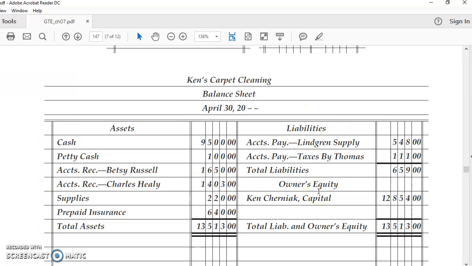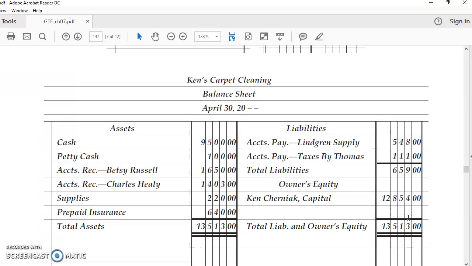In a balance sheet, you want to show the accounting equation and how it equals. Assets equal liabilities plus owner's equity, and they equal each other. So, therefore, sometimes people call the accounting equation the balance sheet equation as well.